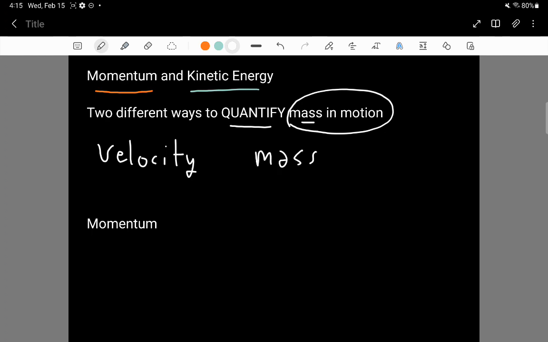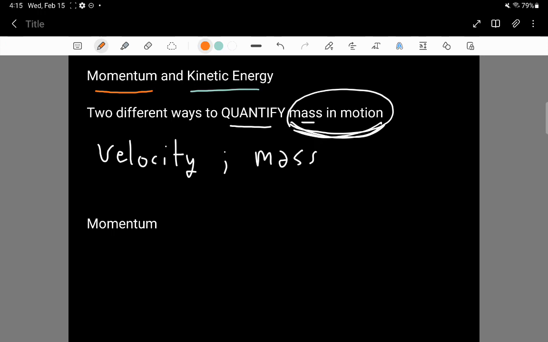And two different objects can have the same mass but different motions. And it turns out that there are important reasons to consider how much material and how much motion together. And that's what momentum and kinetic energy do.